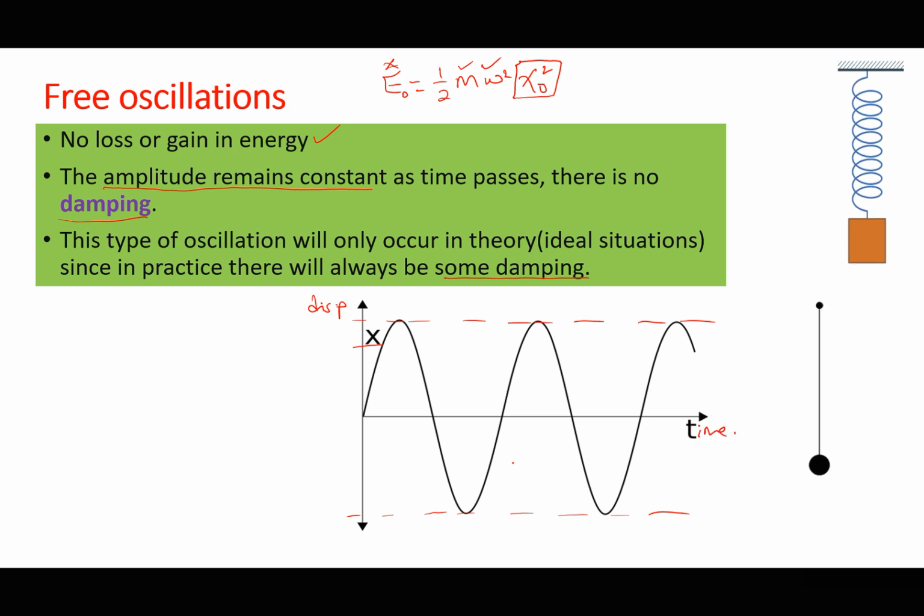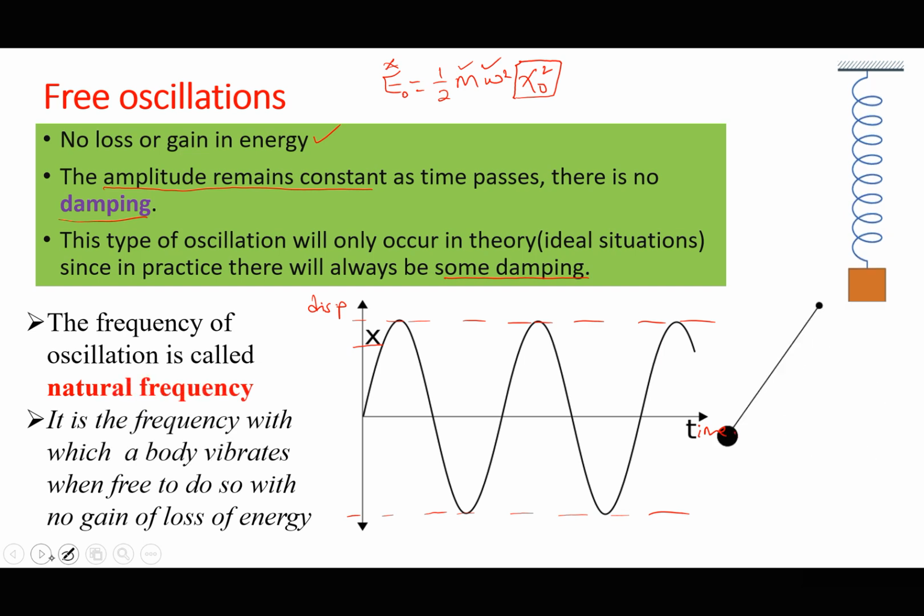The frequency of oscillation is constant, the amplitude is constant, and the energy of oscillation is constant. There is no loss or gain of energy. The frequency with which a system oscillates freely is called the natural frequency of oscillation. Each object has its natural frequency of oscillation.